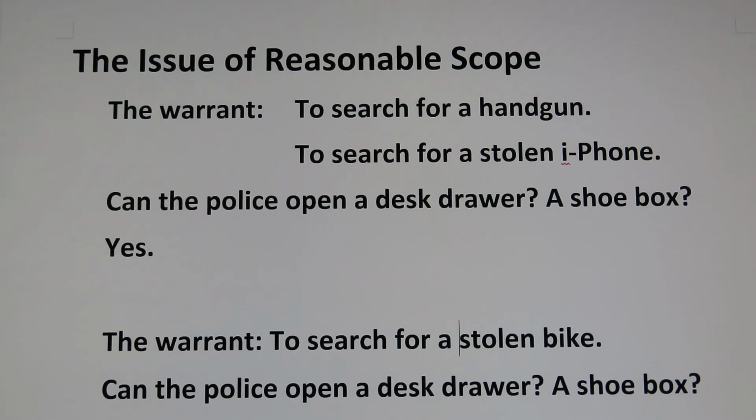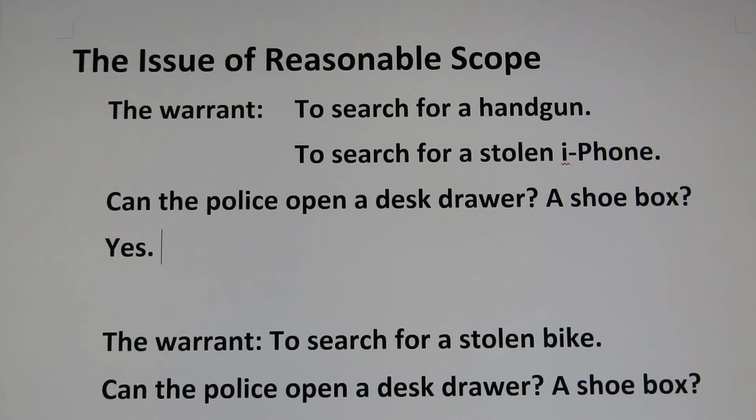That is required because we did say this search warrant must be specific. And then while conducting the search, as far as this reasonable scope is concerned, can the police open a desk drawer? Can the police open a shoebox? The answer is yes, because for a handgun, for a stolen iPhone, those items could be found in a desk drawer or in a shoebox.